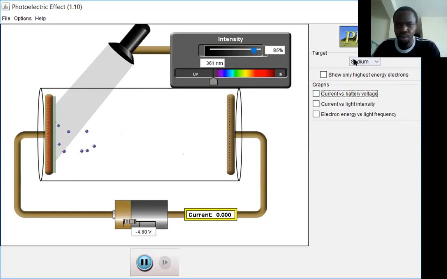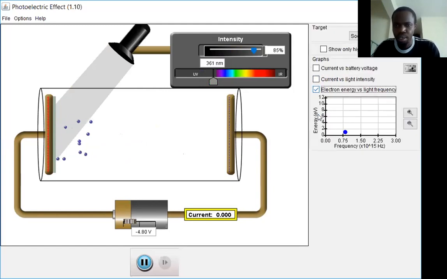The first one was sodium. Look at sodium and the frequency. So we go to frequency, electron energy against frequency. That's for sodium. Let's see what happens. Look at that.